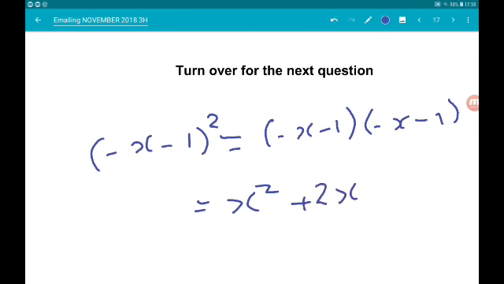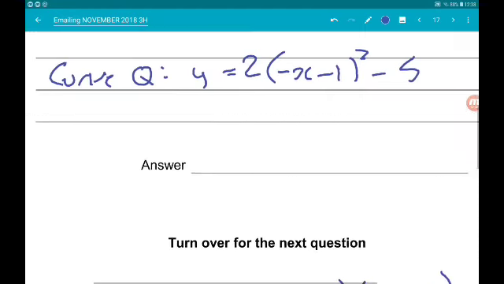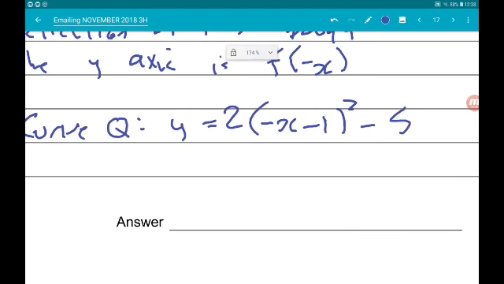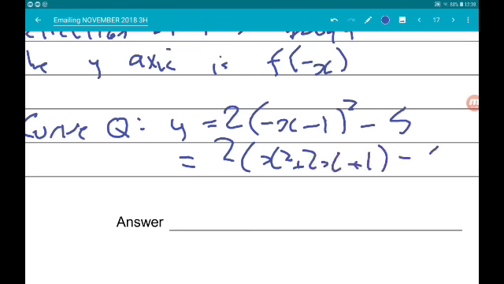And then we get minus 1 times minus 1, which is plus 1. So we've got 2 lots of x squared add 2x add 1 minus 5 at the end.